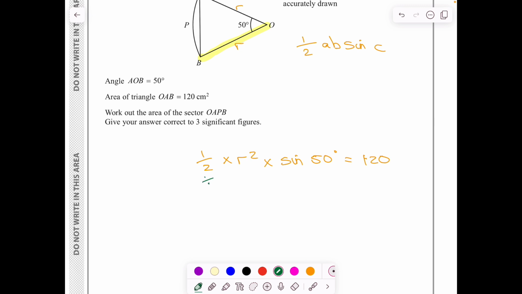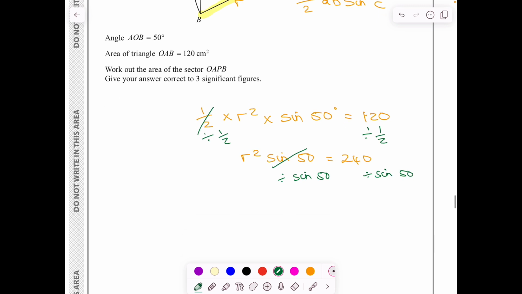So I'm going to divide both sides by a half, and I get r squared sine 50 equals 240. Then I'm going to divide both sides by sine 50, and I get that r squared equals 313.3 to one decimal place.